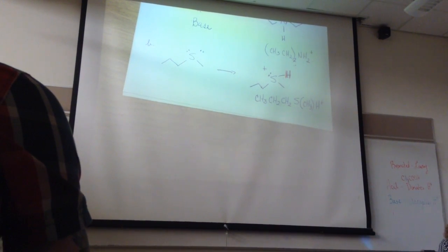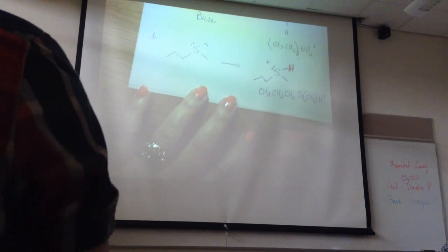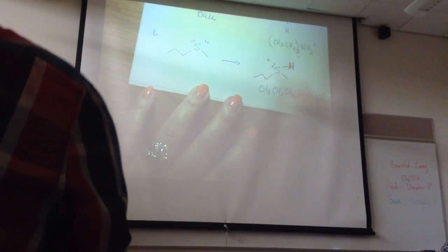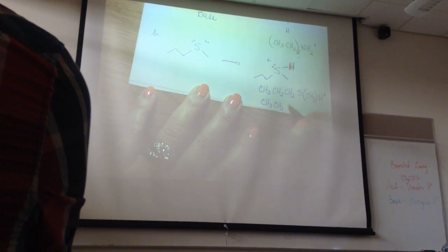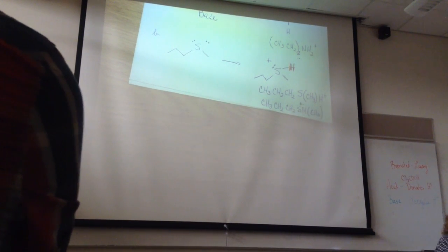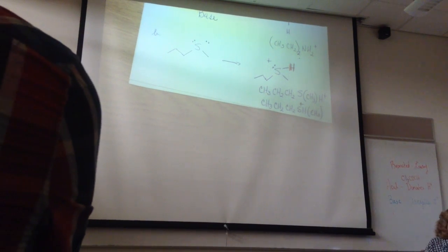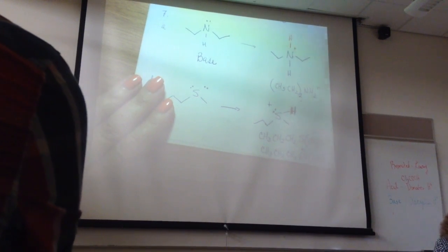So I don't think you will be asked to do condensed, because that doesn't look right at all. If you drew this, this is as good as it's gonna get. Possibly the better drawing would have been this, and then the plus, and it still doesn't look right. So you can go ahead and do it as a structural formula, I'm okay with that.